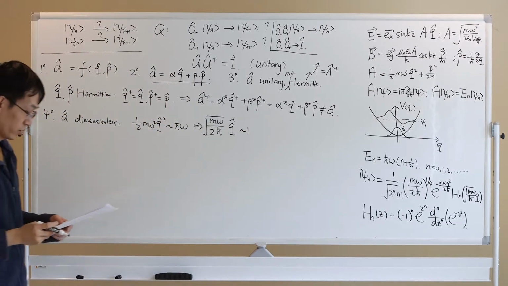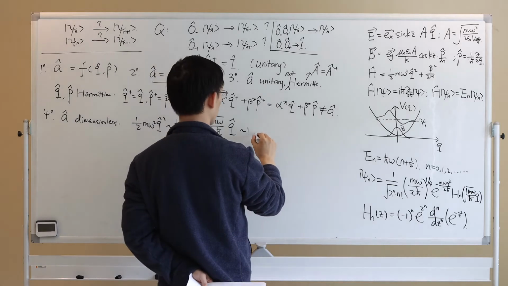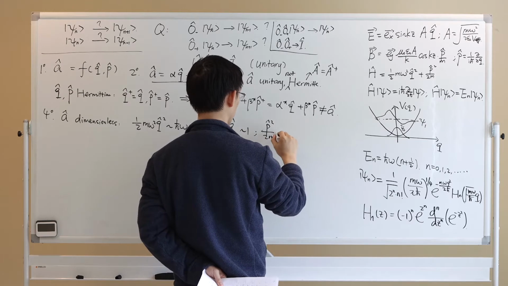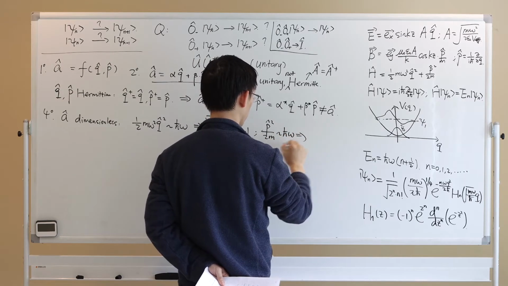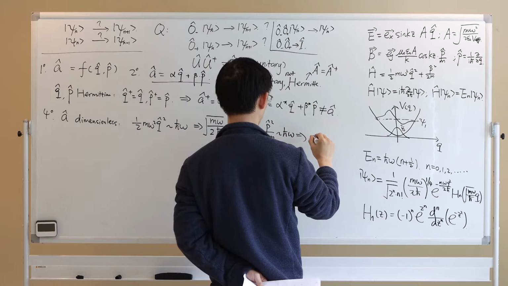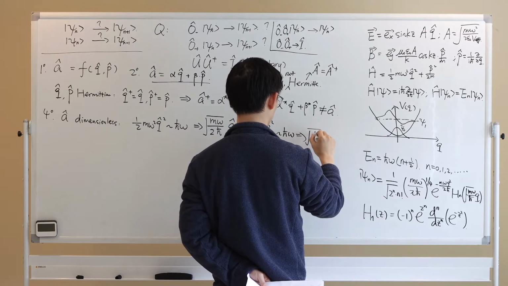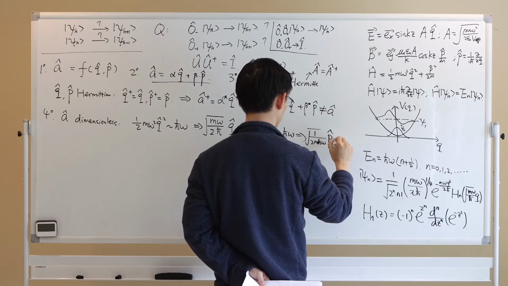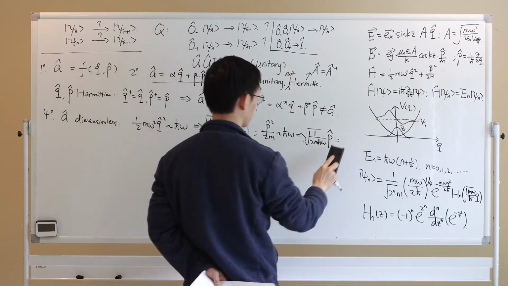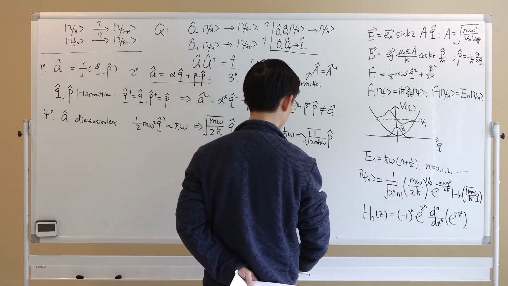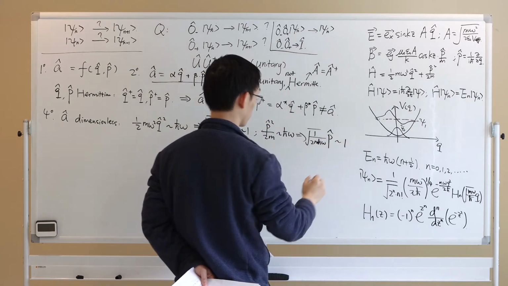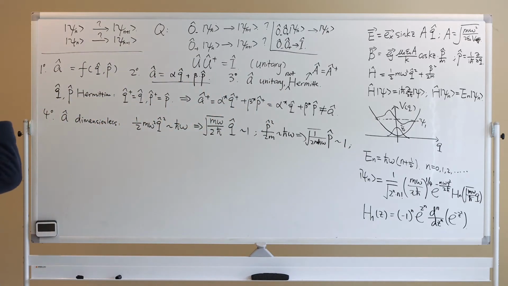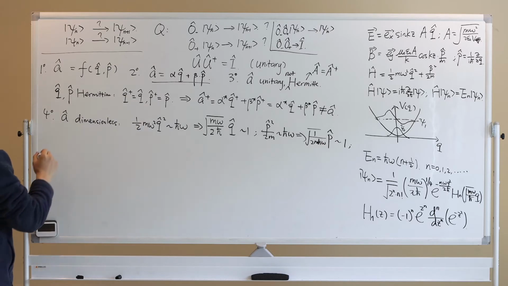Similarly, P square over 2M has dimension h bar omega. If you move this to this side, then it goes to dimension 1. Then the equation, we can modify A a little bit now.